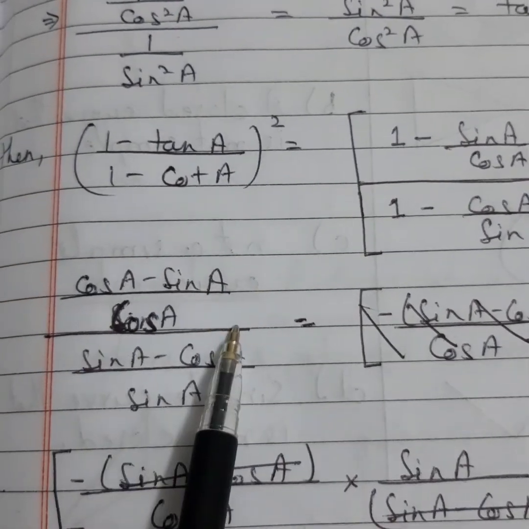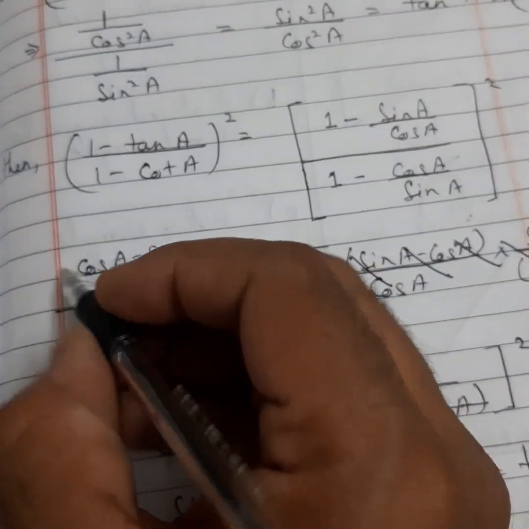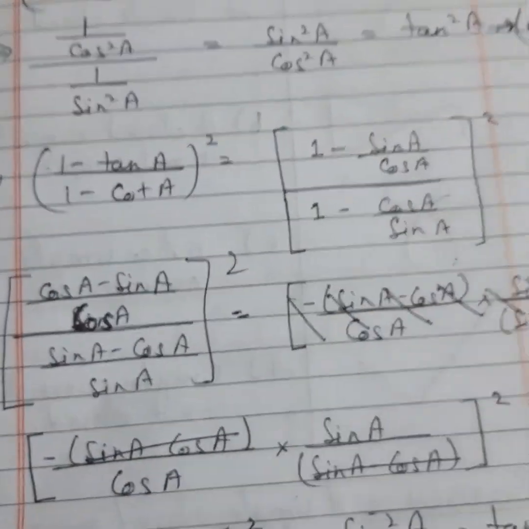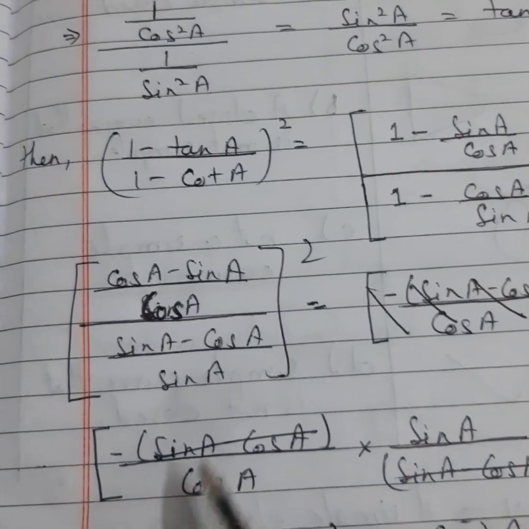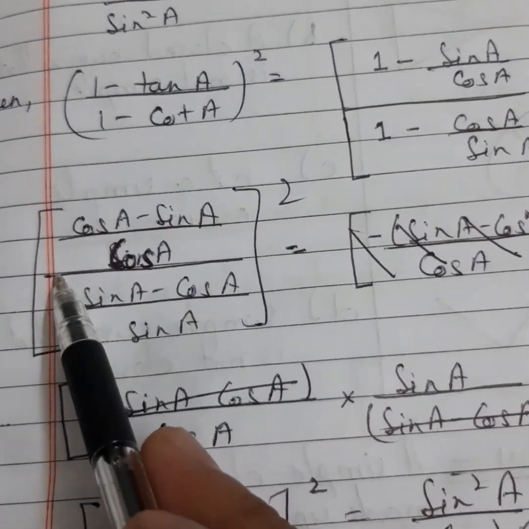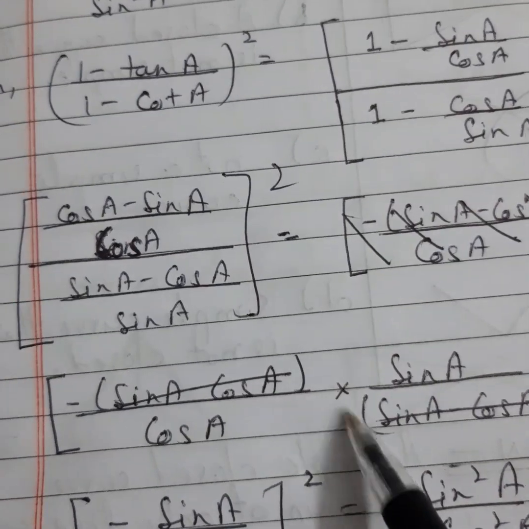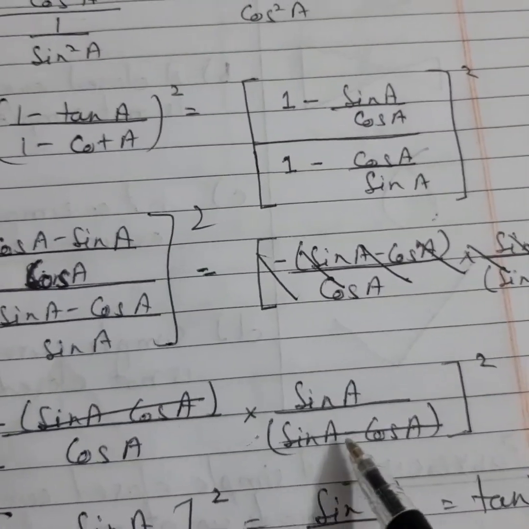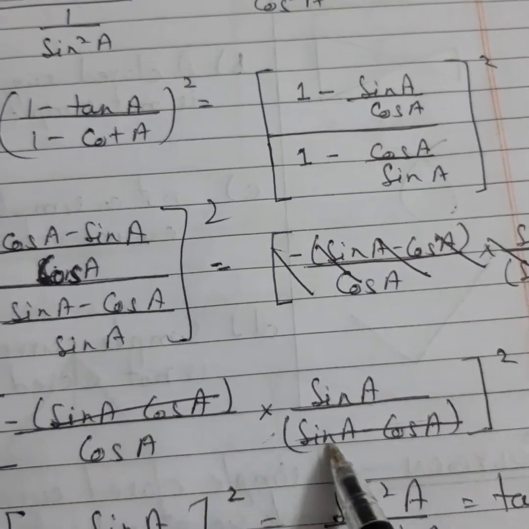Again convert this division into multiplication. And before that, put the whole square, because we are having the whole square, right? So (cos A − sin A)/cos A. Convert this division into multiplication, then you have to write the inverse of this, sin A upon, right? Cancel it because they are the same.